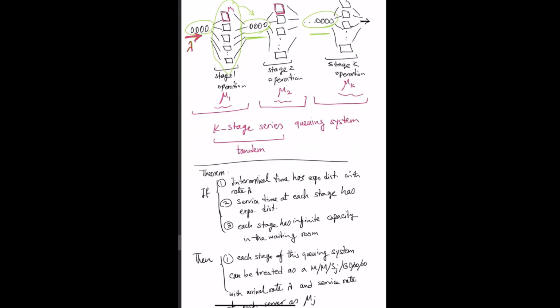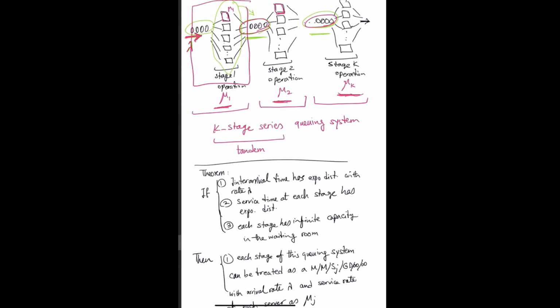If the service time on each one of these stages has exponential distribution and mu j is the service rate of each one of the machines in that stage. And if these waiting areas have capacity of infinity, then we can treat each one of these stages as a separate queuing system and we can analyze them independently.